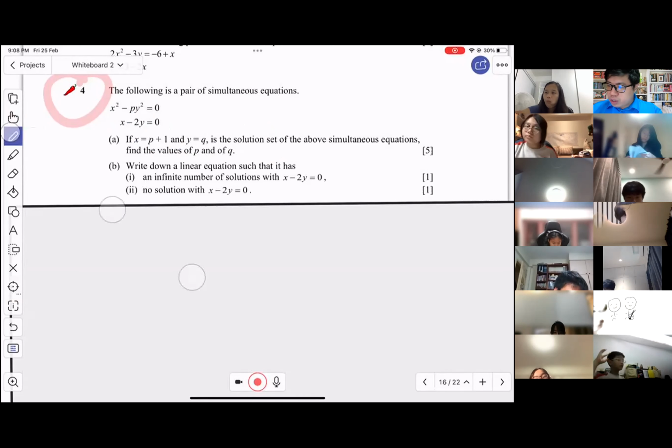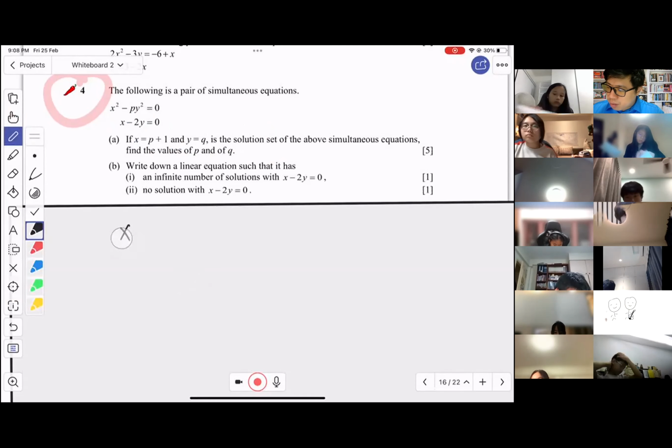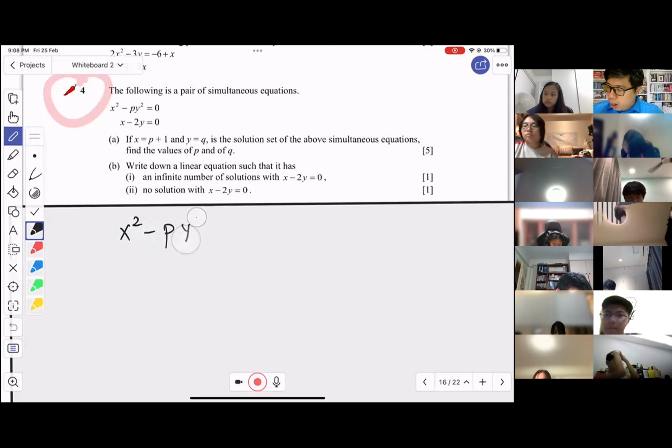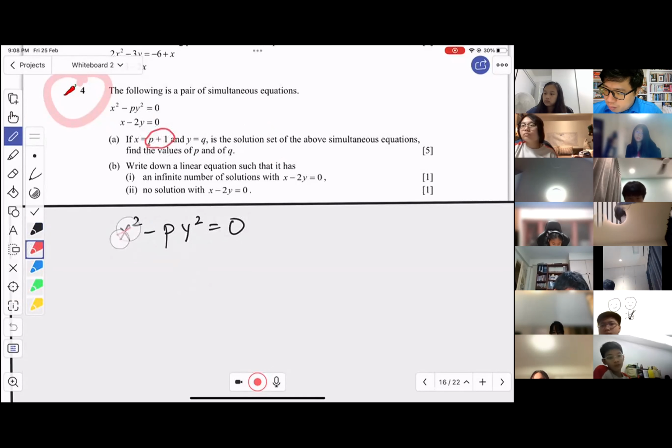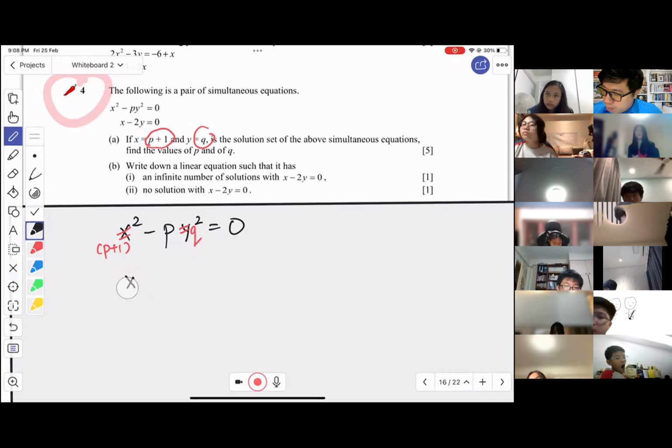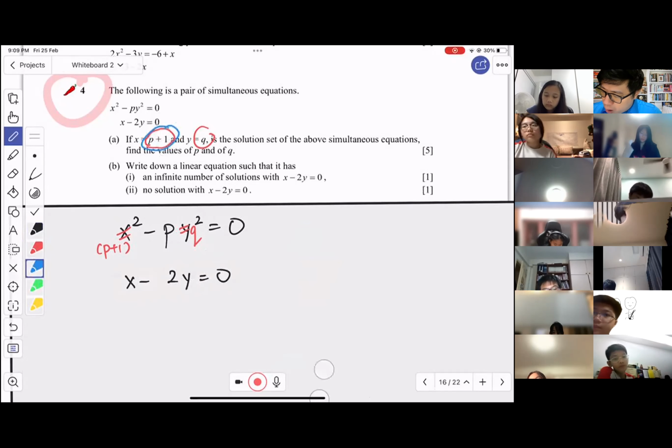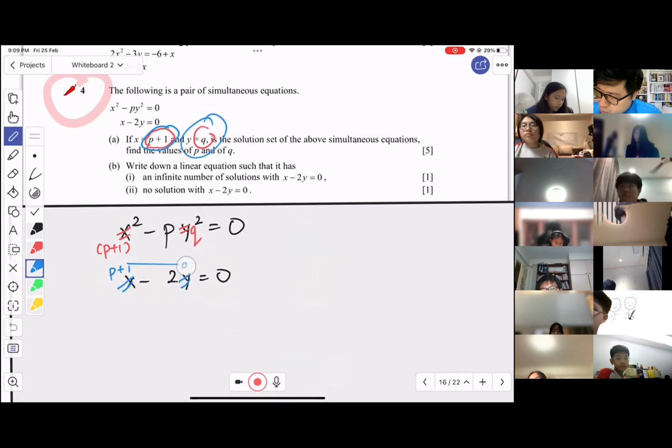So if I look at this equation, x squared minus py squared equals 0, I can substitute p plus 1 inside. y equals q means that I can substitute q to replace y. Same thing for the second one, x minus 2y equals 0. x equals p plus 1, I can replace x with p plus 1. y equals q, I can replace y with q.